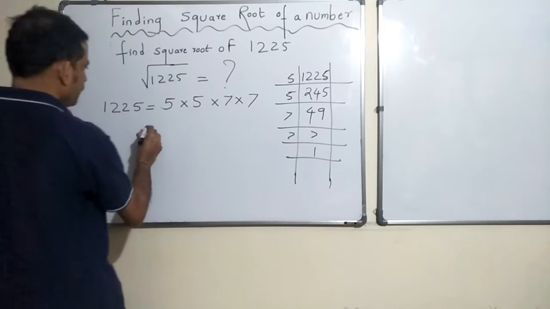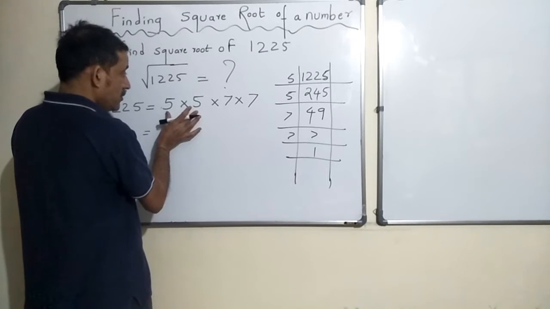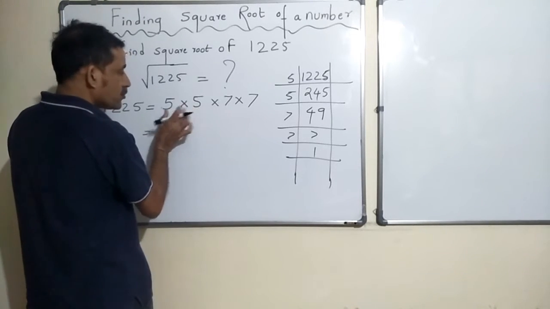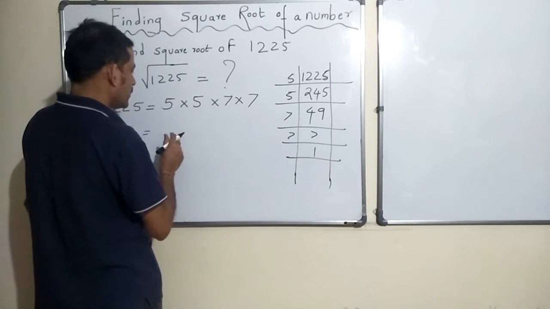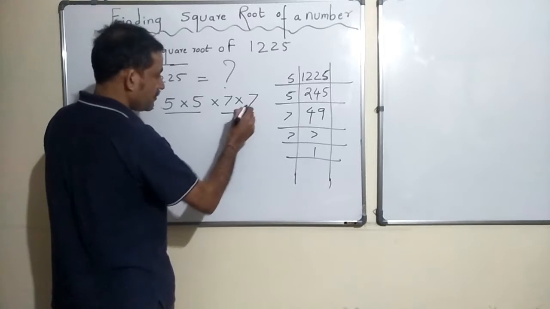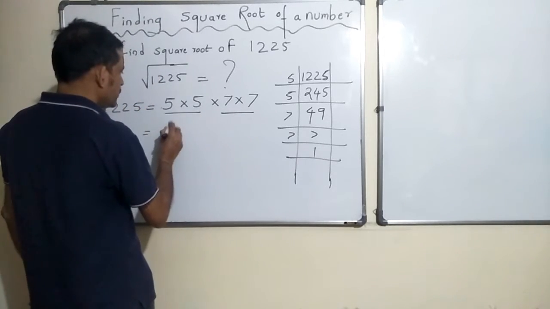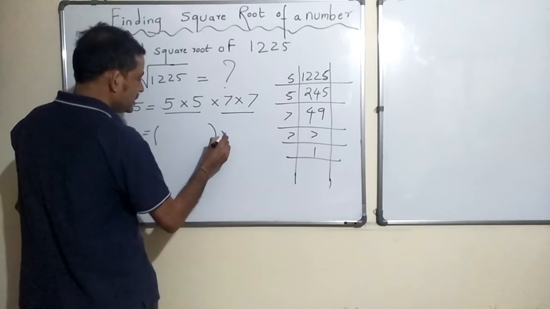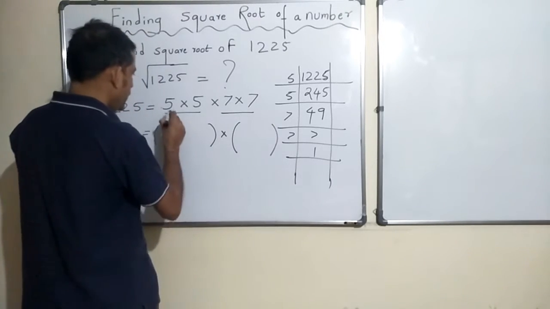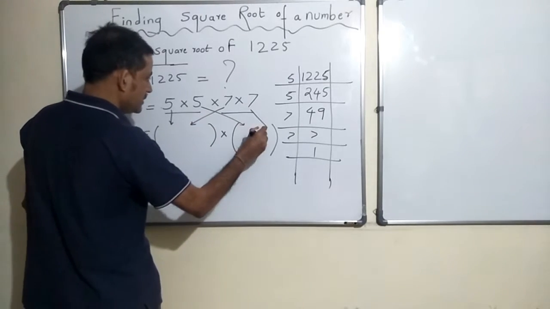Is that right? Now group the prime factors such that the same number you group in pairs of 2s. So this is one pair of 5, this is another pair of 7. Make two brackets: put one 5 here, one 5 here, one 7 here, and one 7 here.